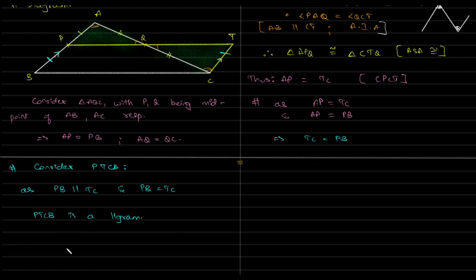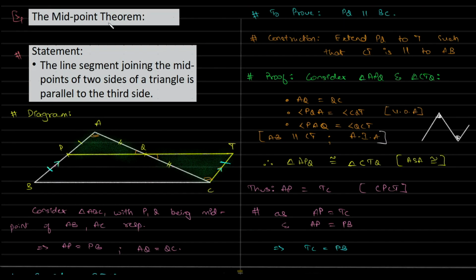And since this is a parallelogram, we can conclude PT is parallel to BC, or PQ is parallel to BC, opposite sides of a parallelogram. And we have proved it.